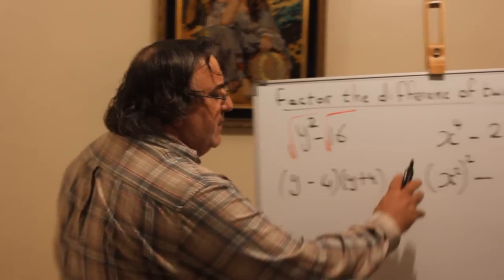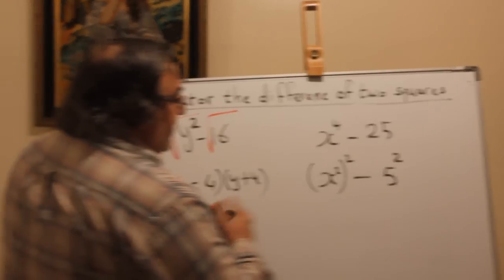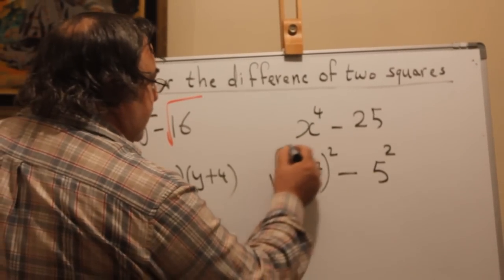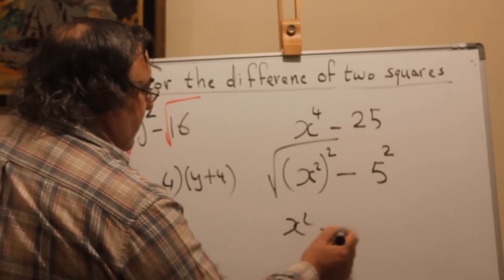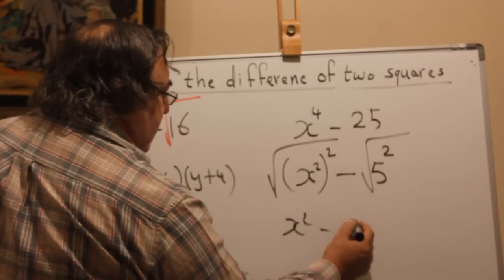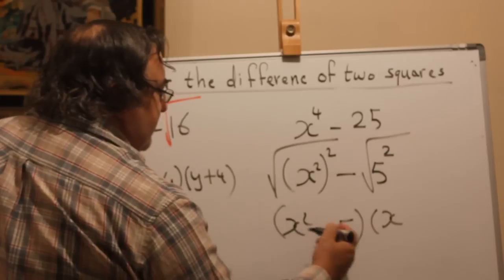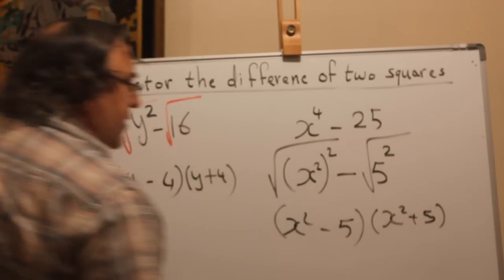So I have the form a squared minus b squared. Correct? The radical of this is x squared, minus the radical of this is 5. So x squared minus 5 into x squared plus 5.